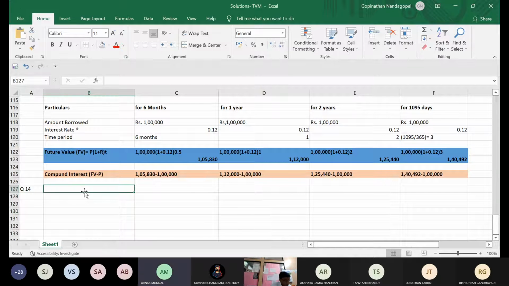Second one, rupees 2000 at the end of second year. Third one, rupees 3000 at the end of third year. Fourth one, rupees 2000 at the end of fourth year. And fifth one, rupees 1500 at the end of fifth year. Thank you, Arnav.